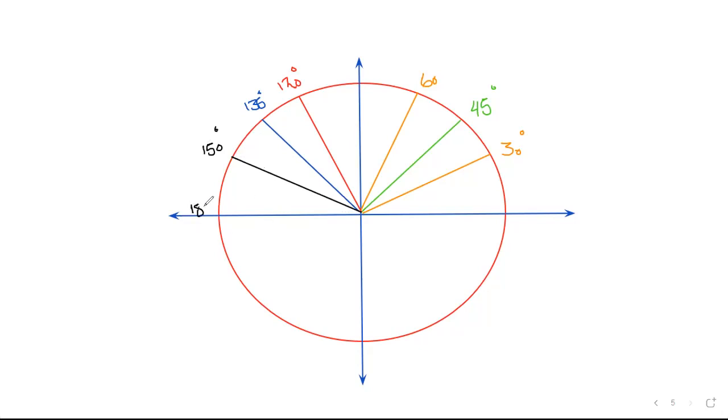We have here 180. We had here 0. Now, I'm just moving a little bit to build by using the symmetry to talk about 210 degrees.